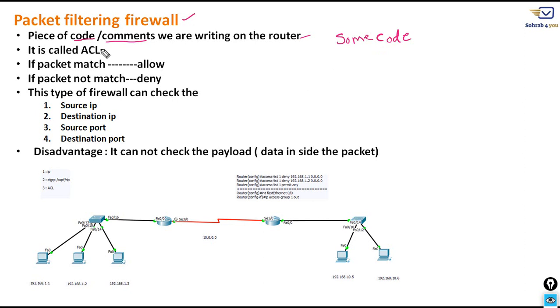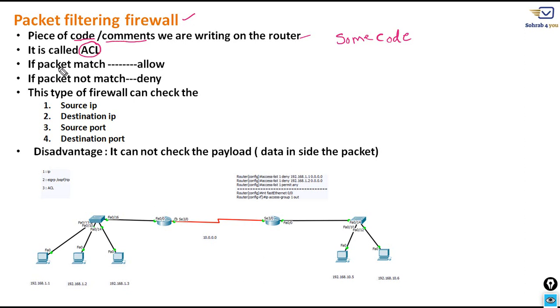It is called ACL, access control list. We have separate classes for the access list that we are going to study in CCNA. ACL stands for access control list. So this access control list is a type of packet filtering firewall.